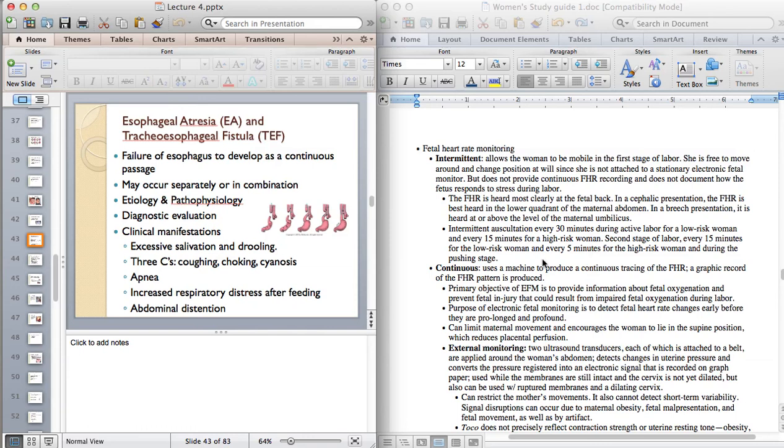Post-operatively, because they're still waiting for that to heal, they're not going to be feeding the patient, so they'll have to use parenteral nutrition via their central line. And then again, we would like to maintain our airway and prevent aspiration.